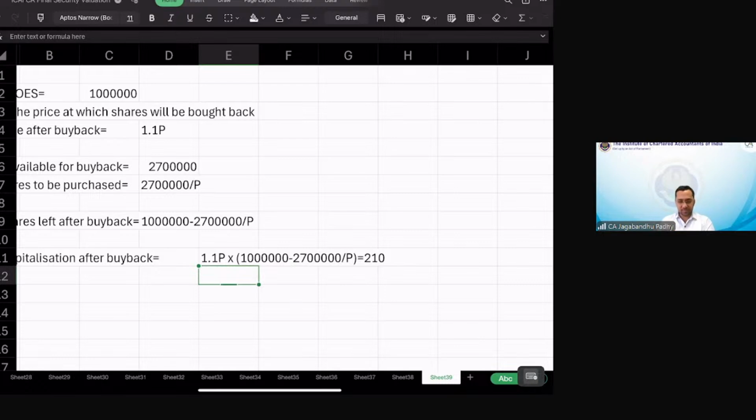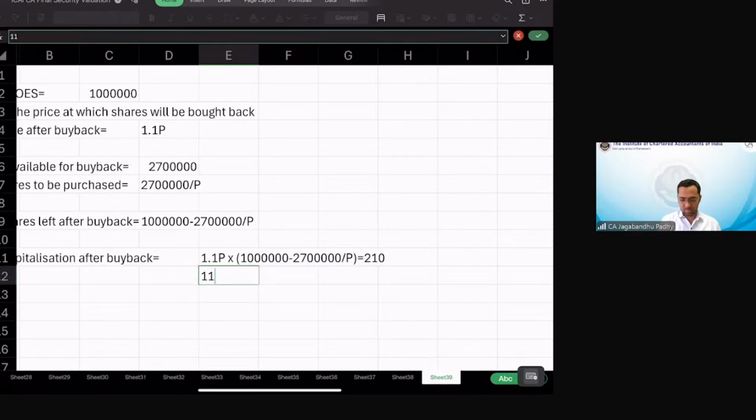Can you solve this? Yes, so that will be 11 lakh P minus 27 lakh, which will be equal to 210 lakhs.